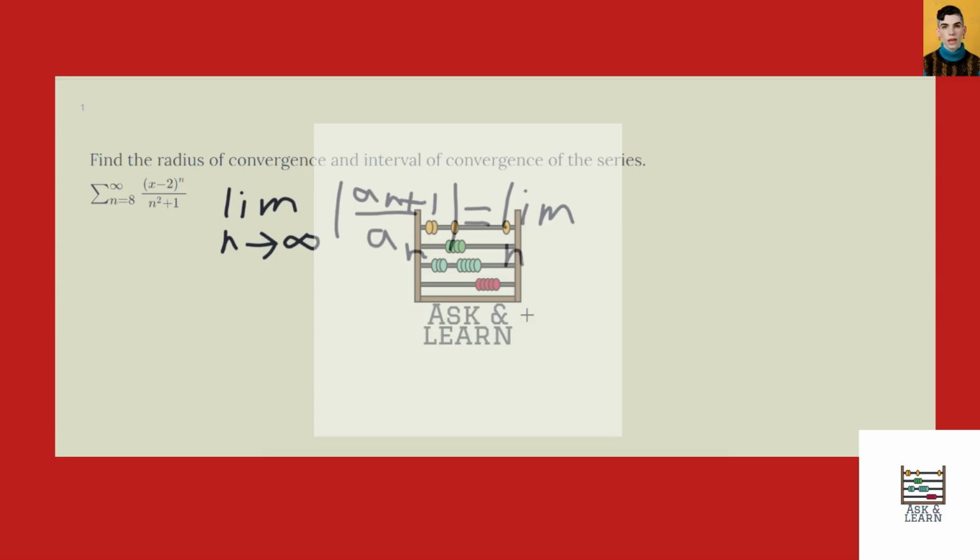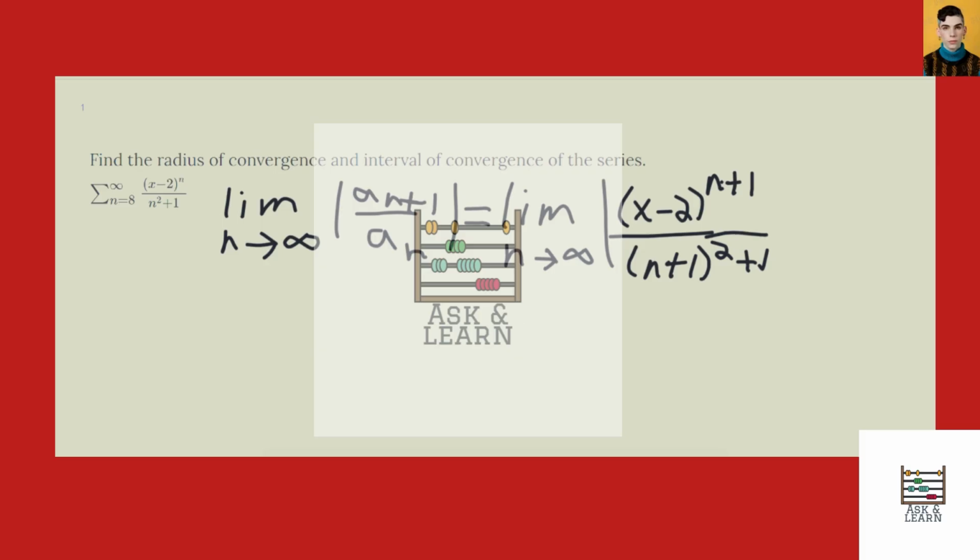So that's the limit as n goes to infinity of the absolute value of (x minus 2) to the n plus 1, divided by (n plus 1) squared plus 1. So that's our a_(n+1), and we're dividing that by a_n, so multiplying by the reciprocal. So we're multiplying by (n squared plus 1) over (x minus 2) to the n.